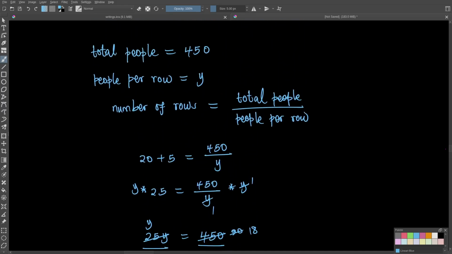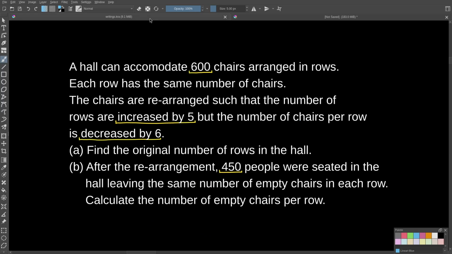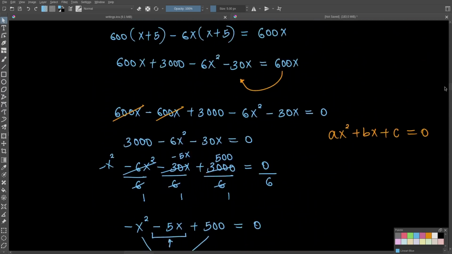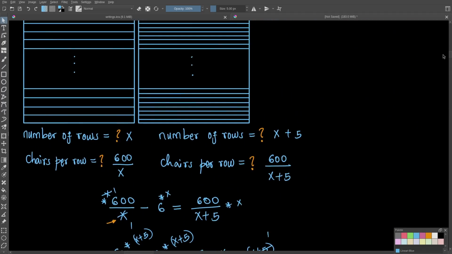And y was the number of people per row. Okay, and we were told after the rearrangement, 450 people were seated in the hall, leaving the same number of empty chairs in each row. Now, do we know the number of chairs per row? We scroll upwards, and here we go.